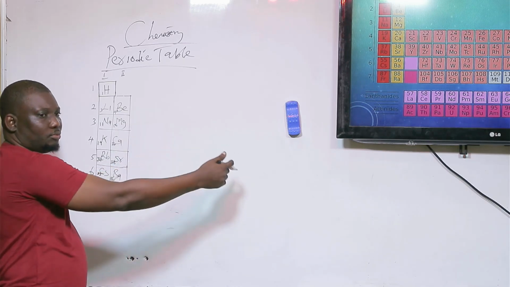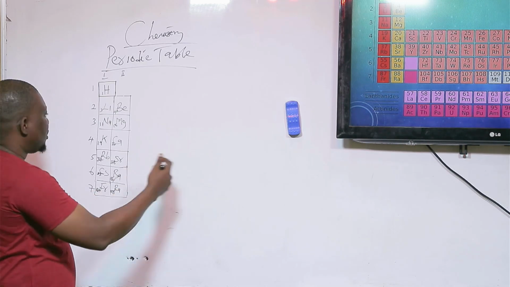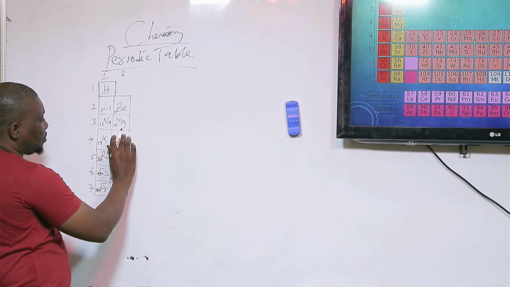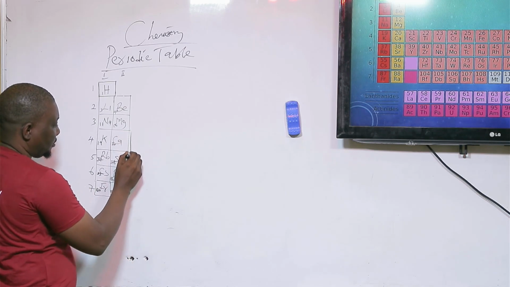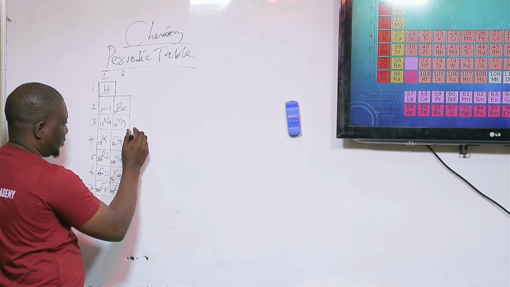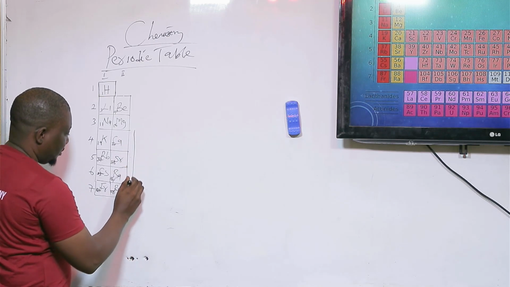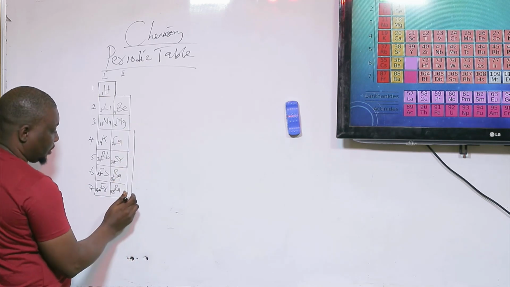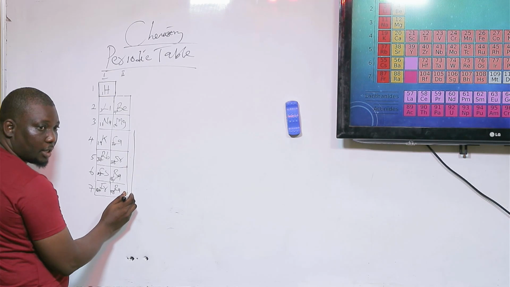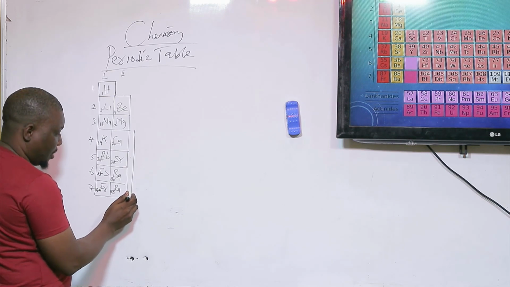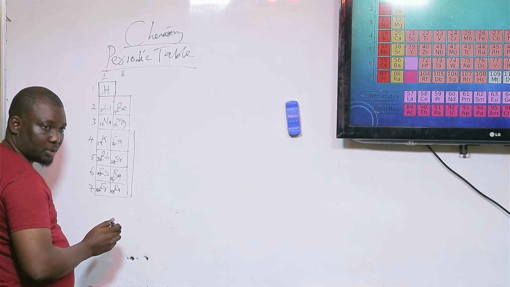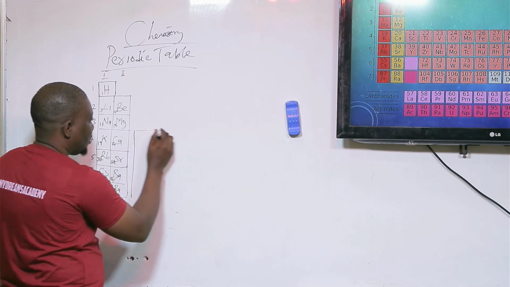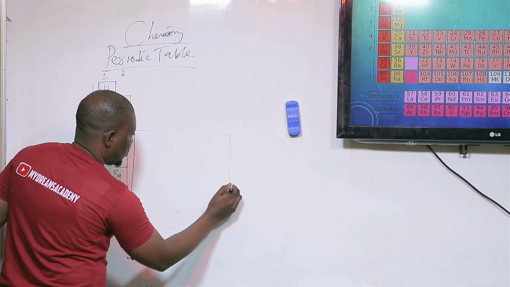Before we continue with the groups, somewhere here there's another group. Let me not add the two together. It starts here and ends here. There are about 10 groups.